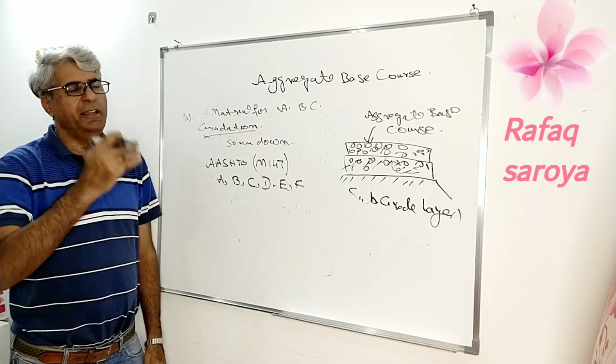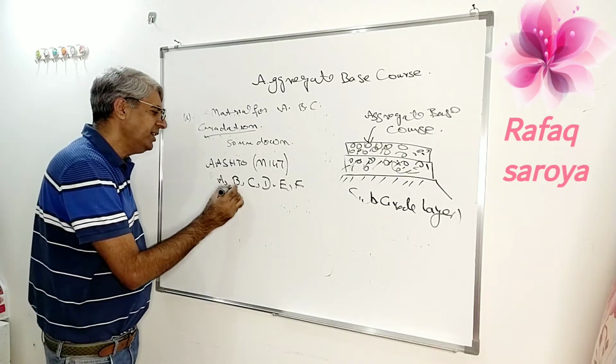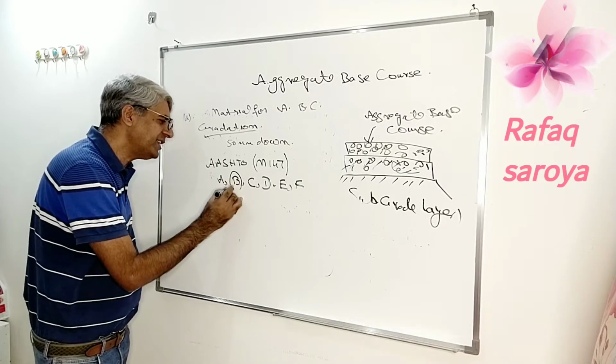From here I will not go into detail. I will just concentrate on the fact that mostly type B is preferred.